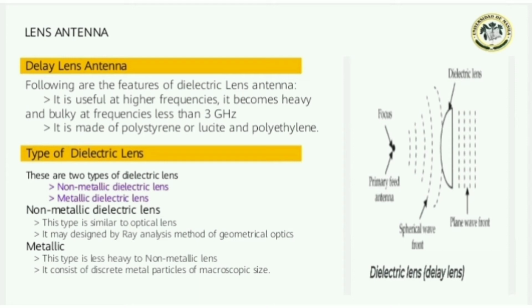Non-metallic, this type is similar to optical lens. It may be designed by the ray analysis method of geometric optics. While metallic, this type is less heavy than the non-metallic lens. It consists of discrete metal particles of microscopic size.